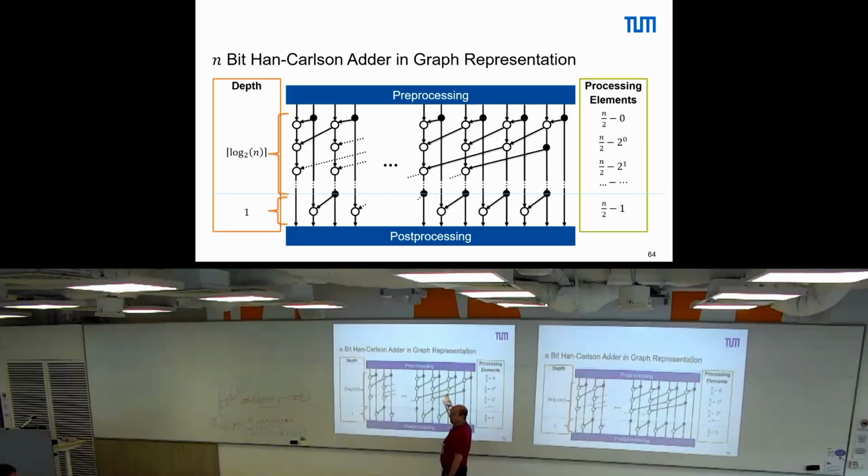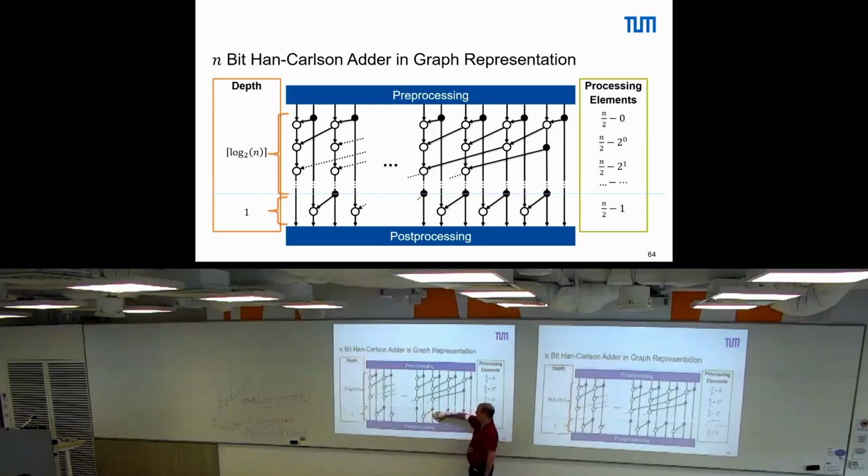The difference comes for the even paths. So for the even paths, like here, index 2, we do not do any computation until the odd paths are completely computed. And then we have one processing step to generate the carry bit, right? For the odd paths, we do exactly the same as before.